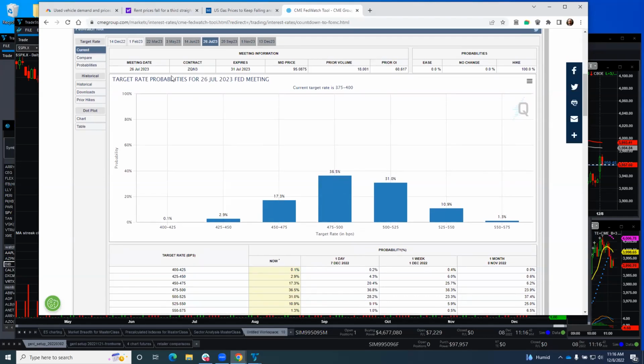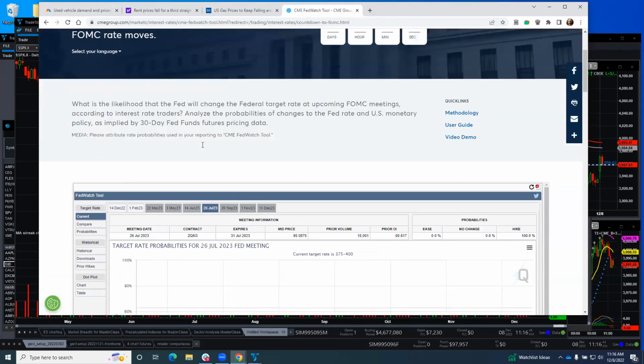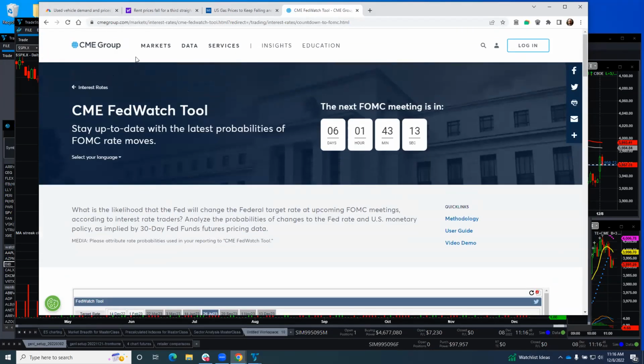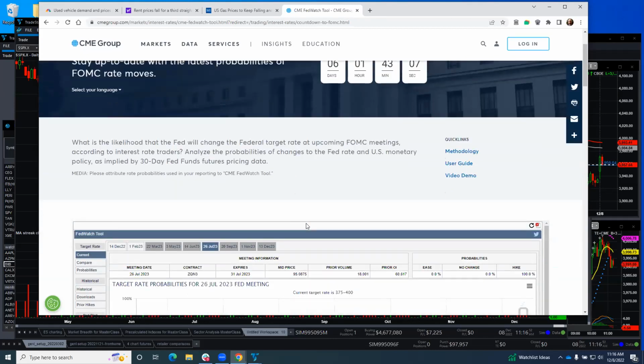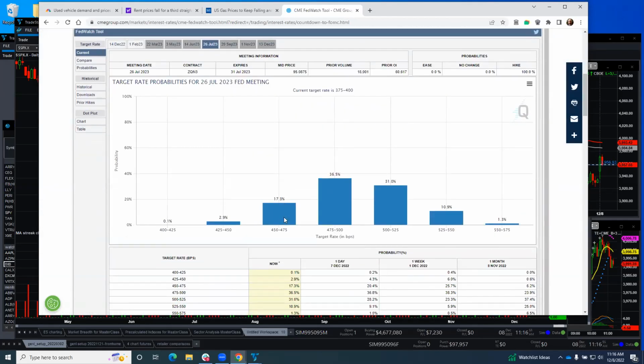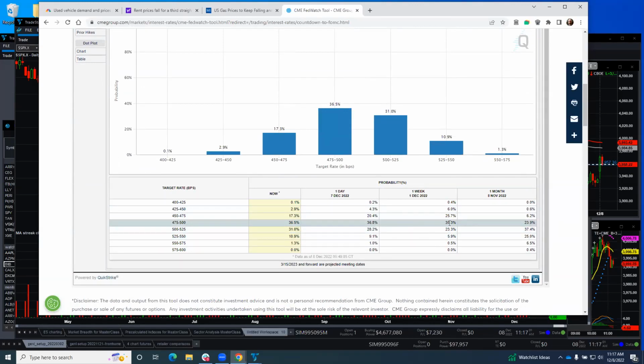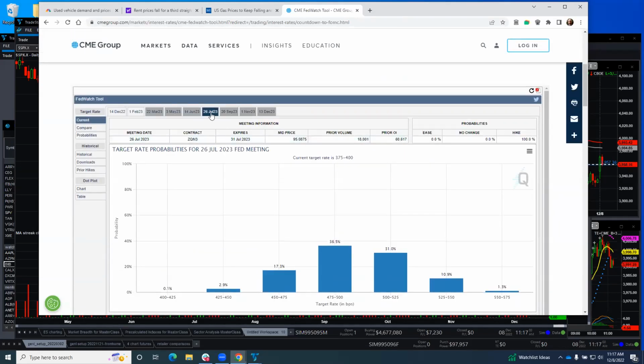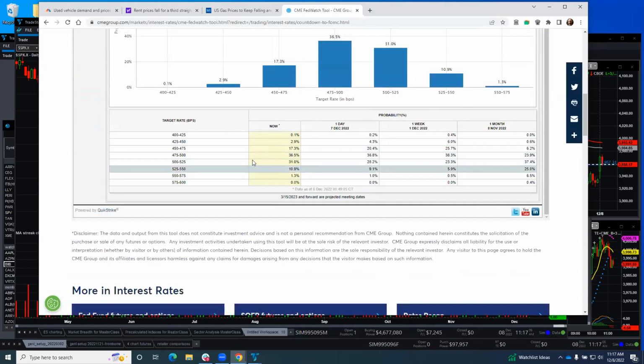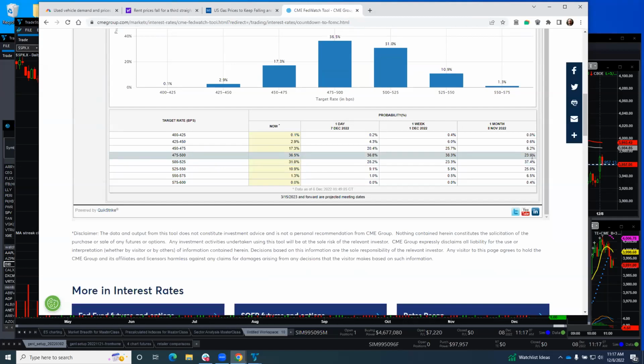But what's interesting is this is the CME FedWatch tool, which I got to hand out to the CME Group, because this has now become one of the coolest websites on the internet, that shows the projected increases. But if you look back a week ago, and you look at the projections for, say, the middle of next year, like July of 2023, what you really see is that nothing has really changed from a month ago or a week ago.